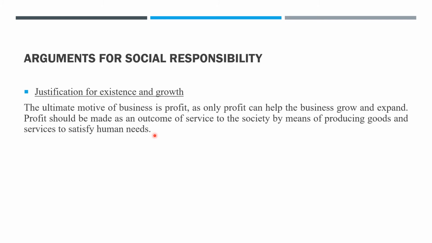Yes, if a business does not earn profit in the long run, it will definitely reach its end sooner or later. Business can only earn its profit when it is satisfying all the members of the society it is catering to. So business's growth and expansion depend upon its profit, and this profit always depends upon how well it satisfies the society.